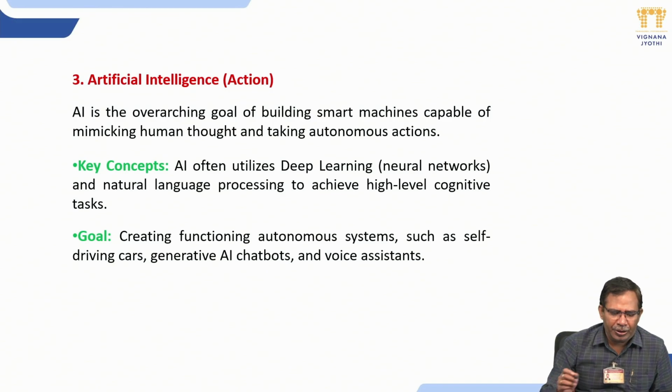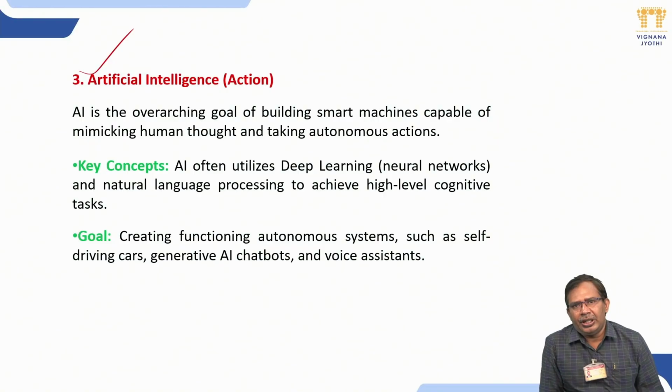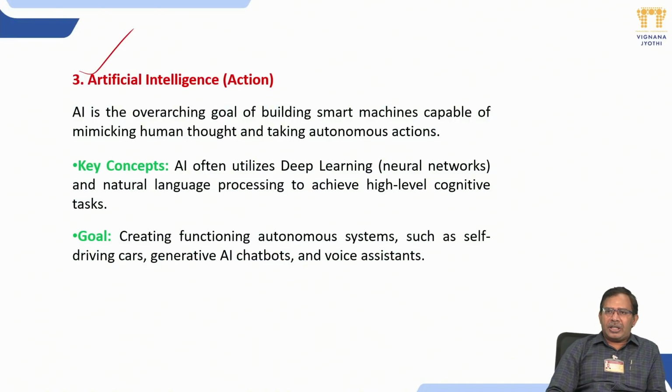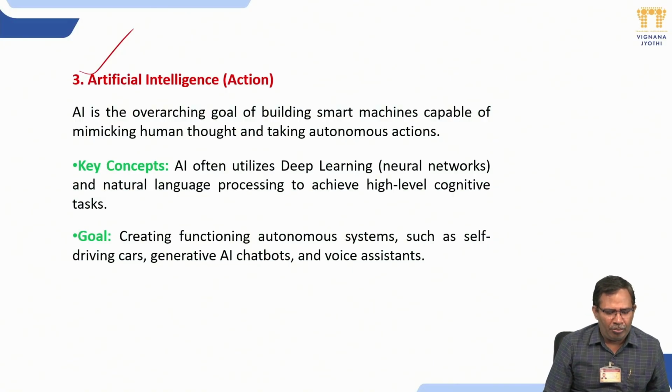The third component, which is the superset of machine learning and data mining, is artificial intelligence. It is for acting autonomously, like a human being or expert who is able to take decisions very precisely, and all the decisions are very accurate. The overall accuracy is maximum.